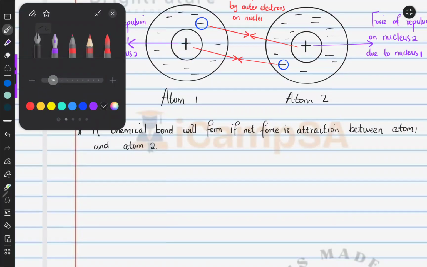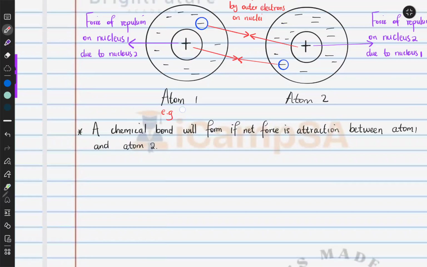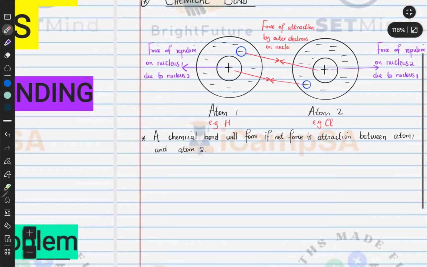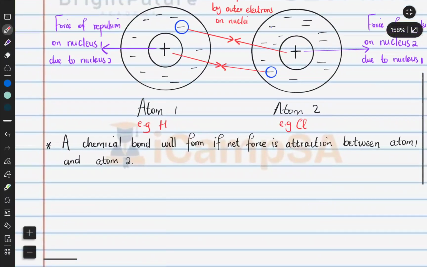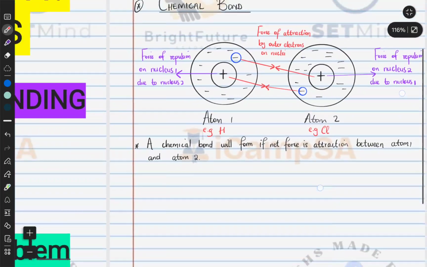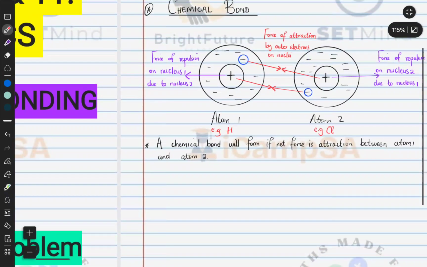For instance, it can be hydrogen, and then this one can also be hydrogen, or it can be anything. It can be chlorine, and so on and so forth, right? So they can be atoms of the same element or atoms of different elements, okay? So it doesn't matter. But for the sake of this example, we just call them atom 1 and atom 2.